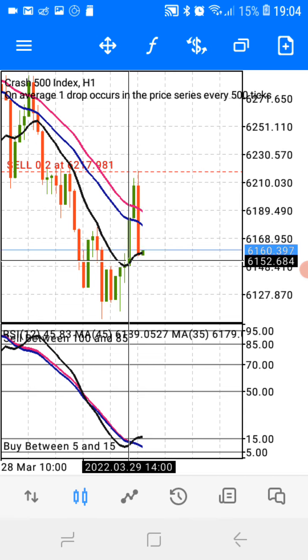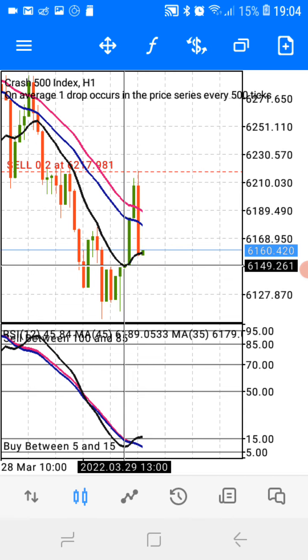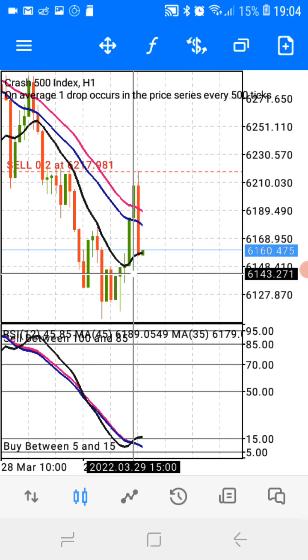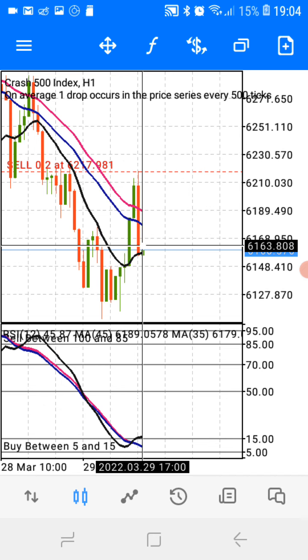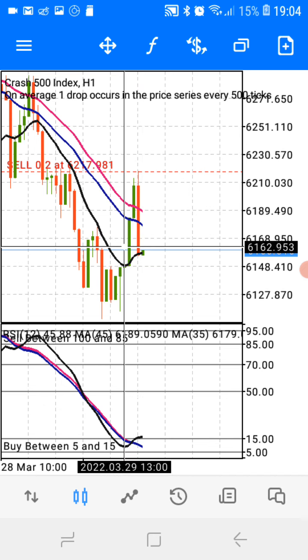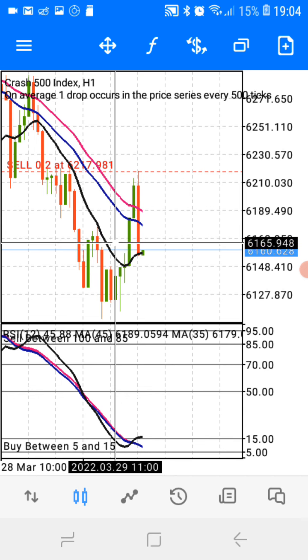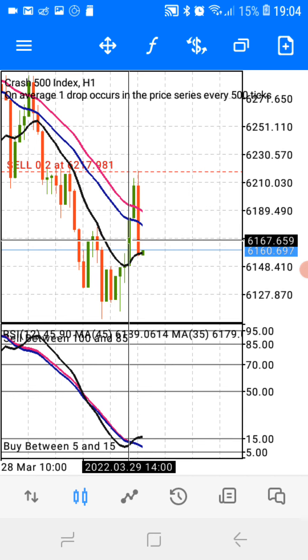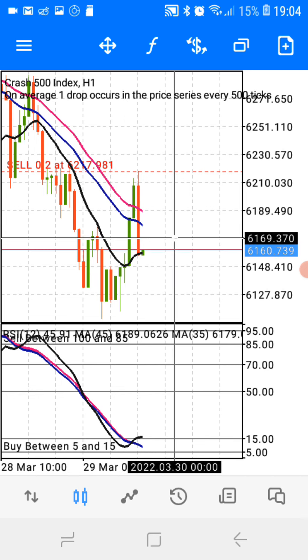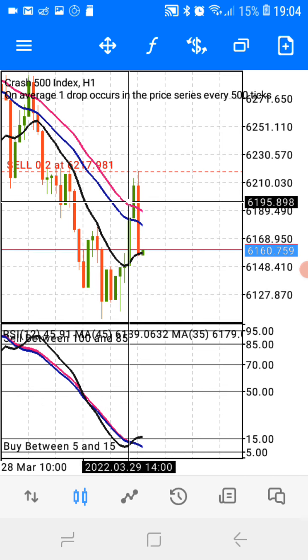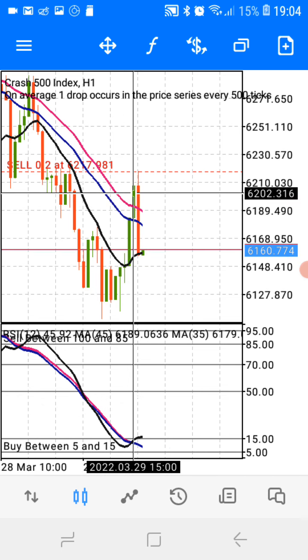So if you love buying, once you see these two moving averages, blue and black, cross each other, you buy. Can you see that you could have bought? Let me go to the exact candle when they crossed.